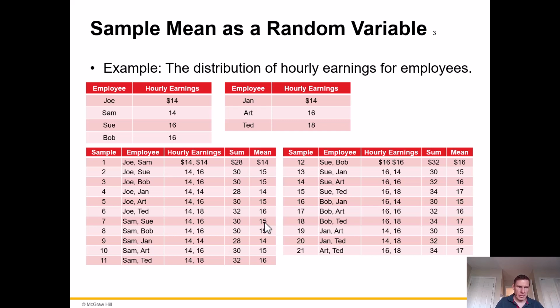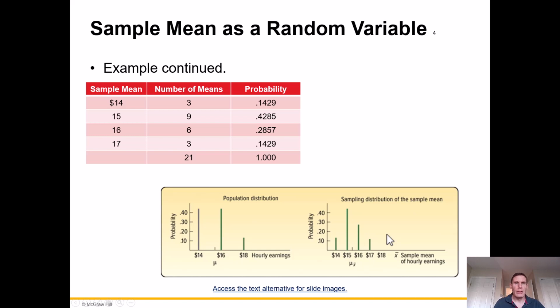Think about how many times they can do this and come up with different combinations, different permutations, if you will. Then what they've calculated is a probability for each of the means. So the sample mean is 14, and then 15, and then 16 and 17.